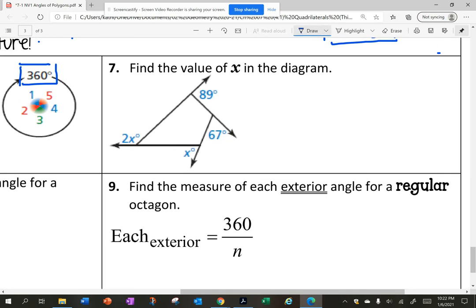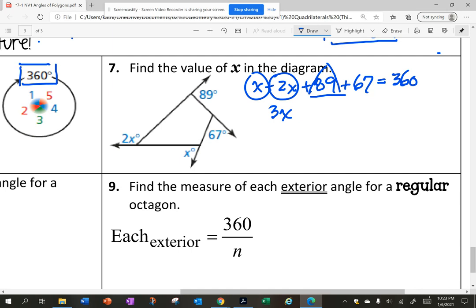All right, so let's do an example. I'm looking in here and it's asking me to find the value of x. So I decide this is an exterior angle. So I know if I add all my angles, it totals 360 degrees. So I have x plus 2x plus 89 plus 67 equals 360. So I'm going to combine like terms. So x plus 2x is 3x.